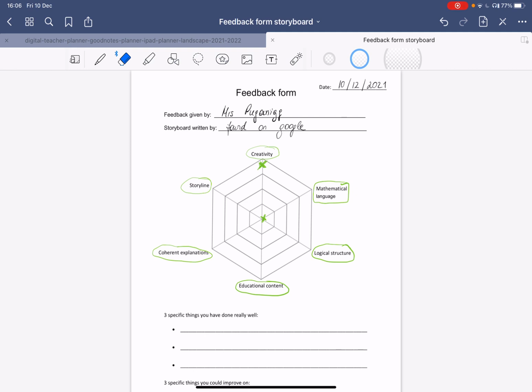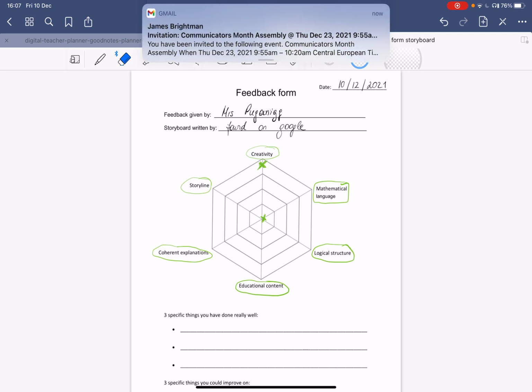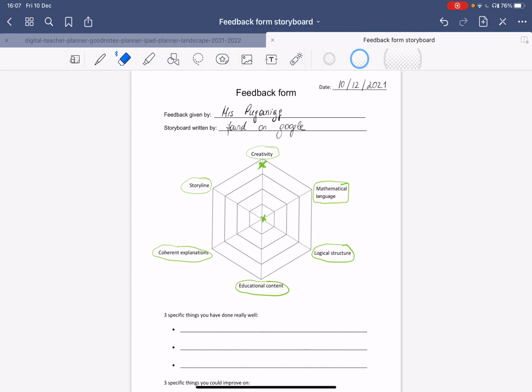Logical structure, well, when you're looking at this, I would suggest that you look at the logical structure of the math involved. As there is no math involved, I'm still going to consider the rest of the structure. And I found it was logical because I could see first the whole class and I could see that boy and I could follow the logical structure of events that was happening.